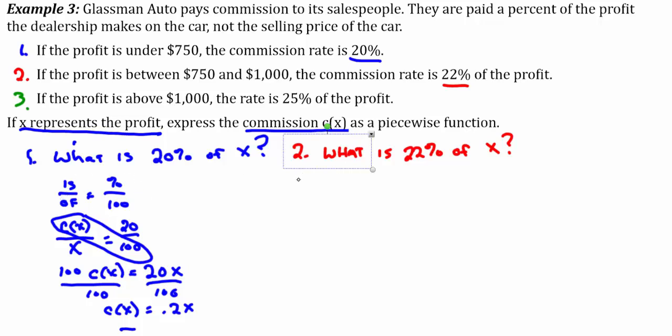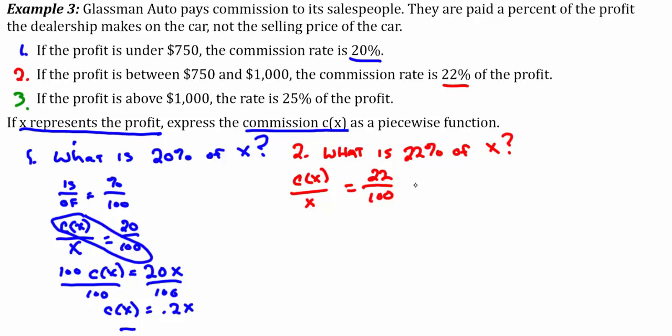Our is going to be C of X because our commission wants to be the variable C of X, over our of, which is going to be X, equals 22 over 100.